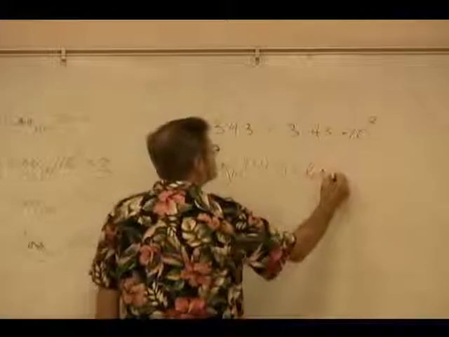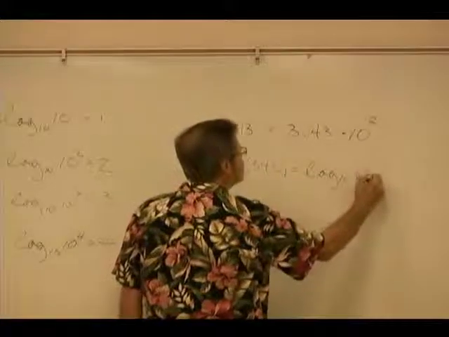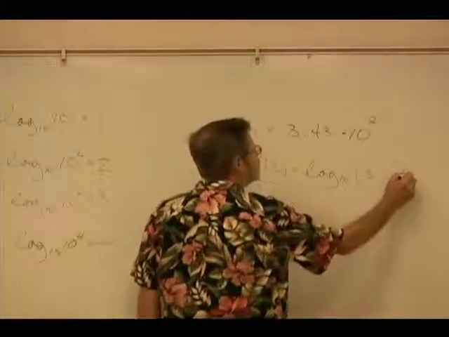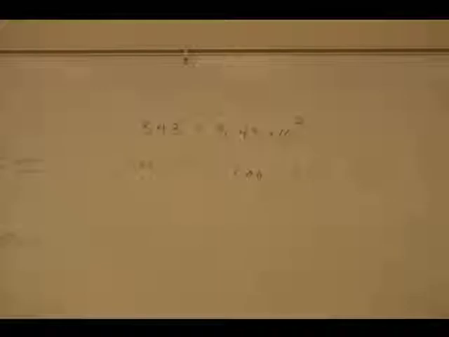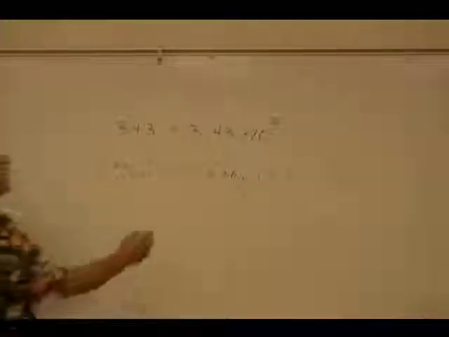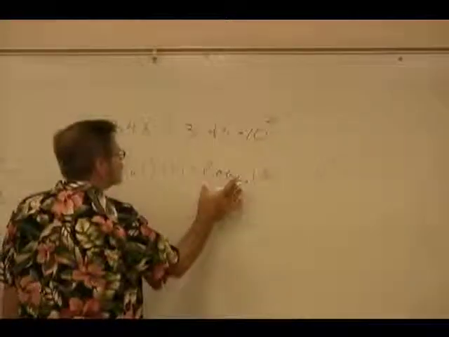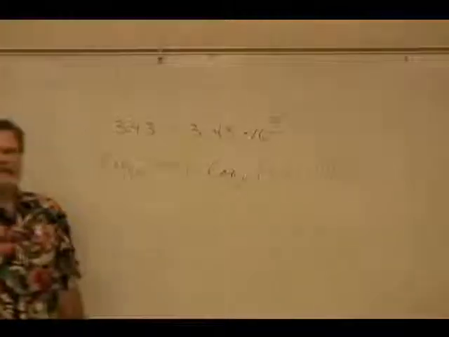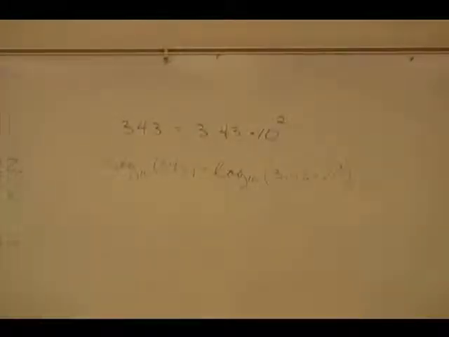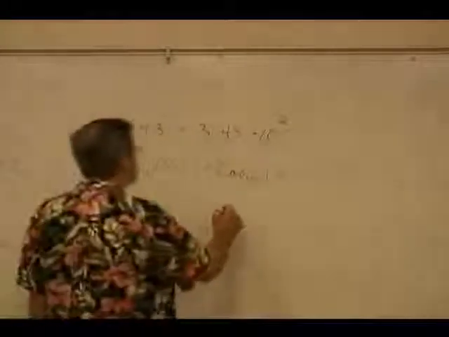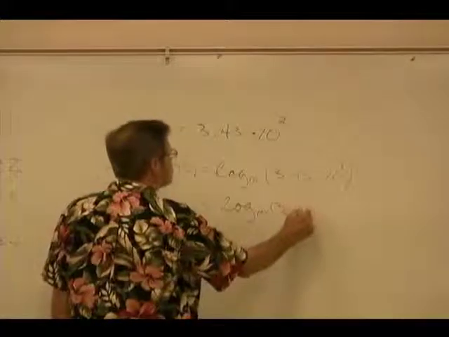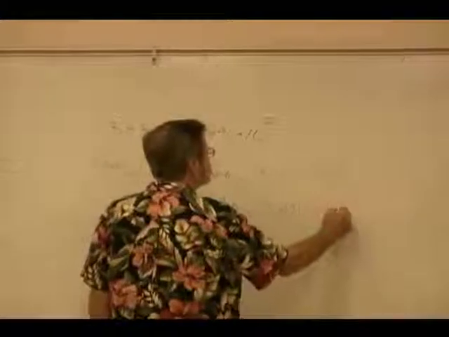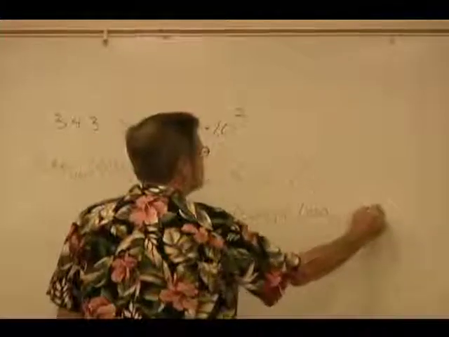It's log to the base 10 of 3.43 times 10 squared. Since this is a log of a product, it's given as the sum of the logs. So the sum of the logs are log to the base 10 of 3.43 plus log to the base 10 of 10 squared.